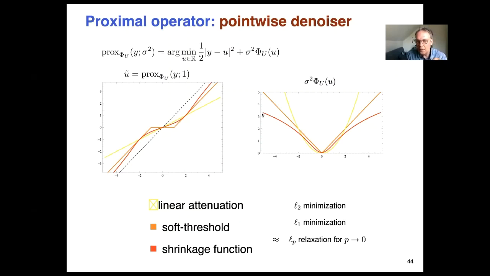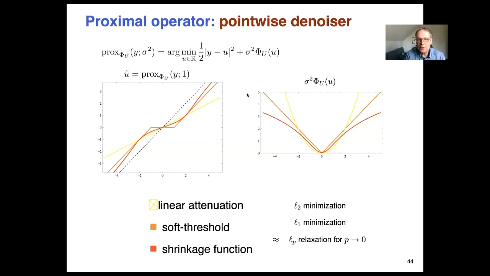And now if you take this sort of Student-type potential function, you get something that you can show mathematically is sort of equivalent to LP relaxation for P going to 0. So this red curve here would be a little like the solution for the LP norm with P being very small, okay?